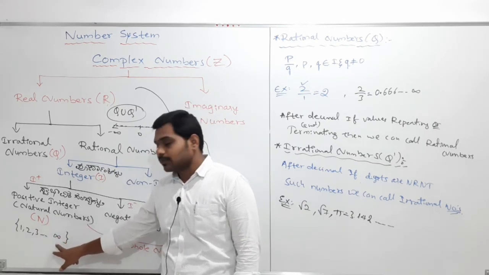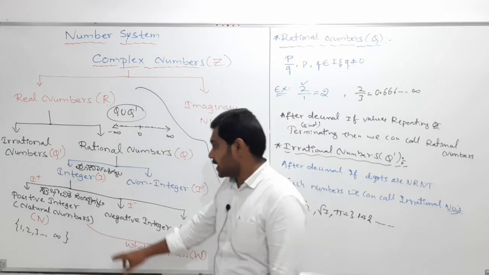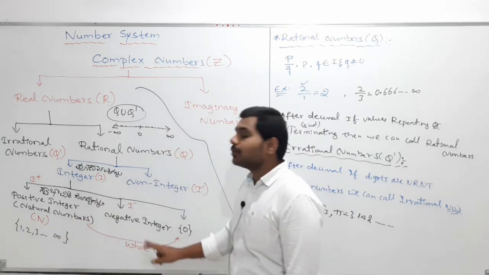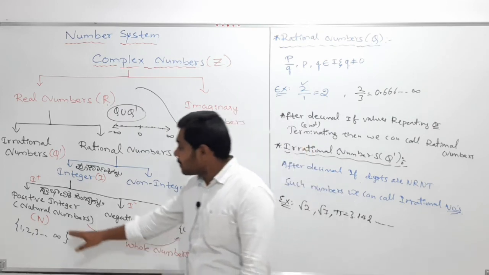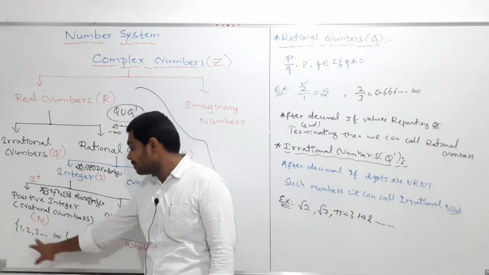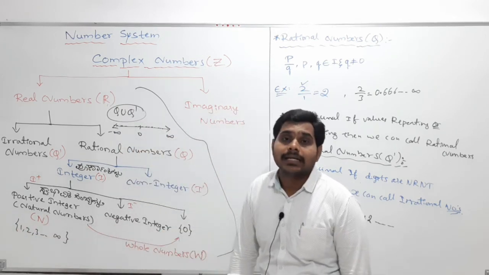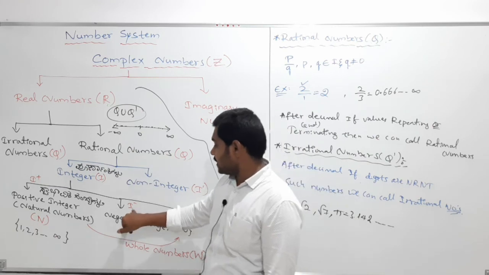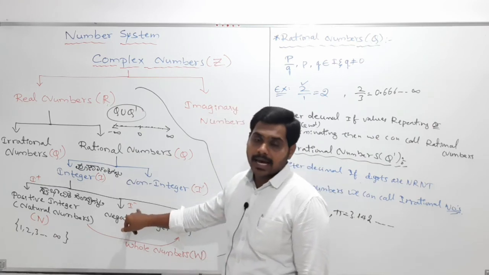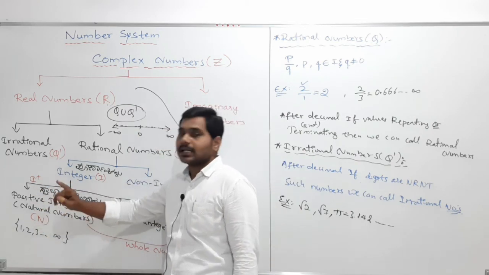Next, negative integers. If I take the positive integers with the negative sign, minus 1, minus 2, minus 3, we call them negative integers. The symbol for negative integers is I minus; for positive integers we write I plus, or else capital N.